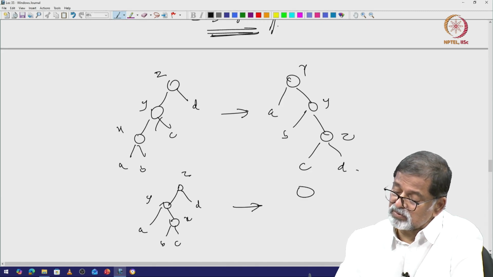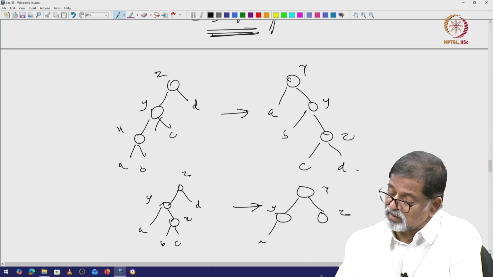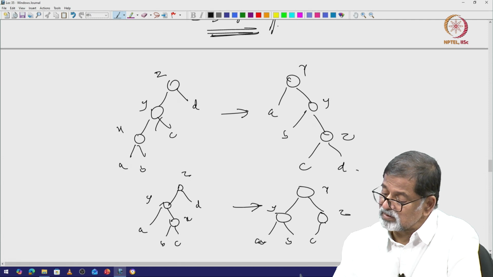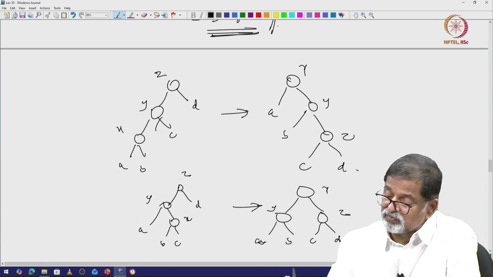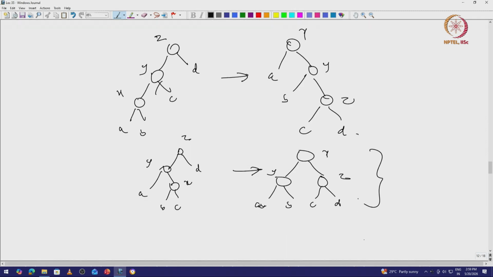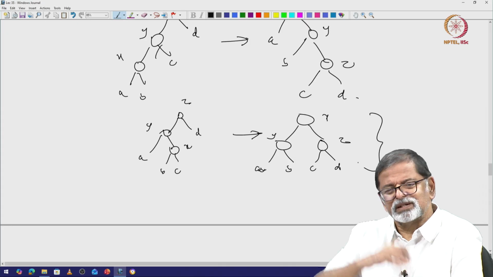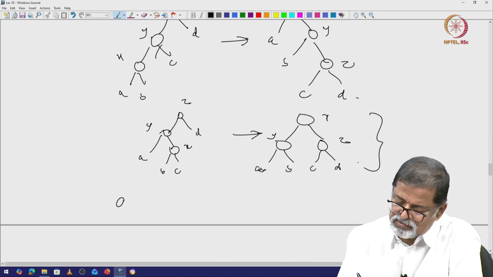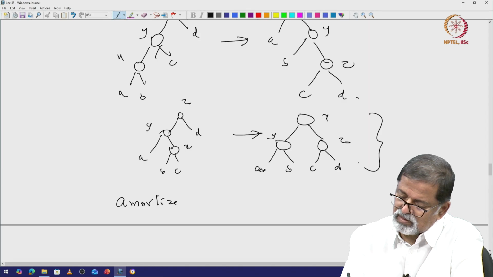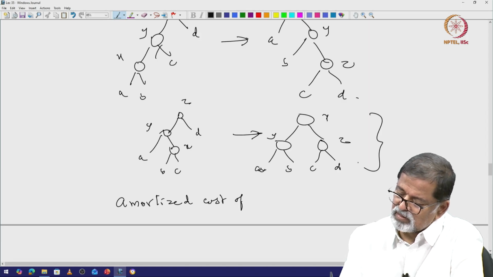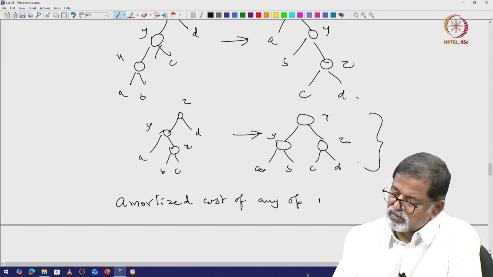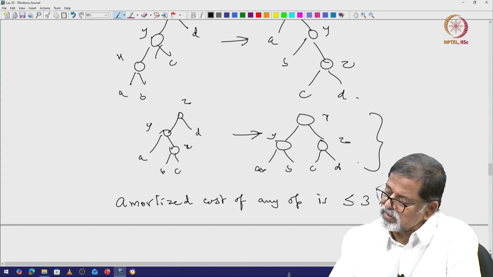This is converted to x, y and z. Here I will have a, here I will have b. Even for this transformation we can show the same kind of algebra, less than or equal to 3 log n. So whatever is the mix that happens, the amortized cost of any operation is always bounded by 3 log n.